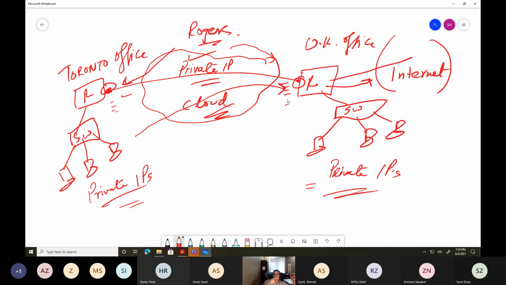So British Telecom and Rogers and all these guys share each other's resources, platforms and infrastructure, and then they pay in return. They might be charging me 5,000, they might be giving 1,000 or 2,000 to the UK office. But this is all private IP, my friends.